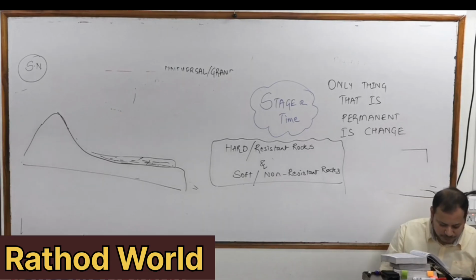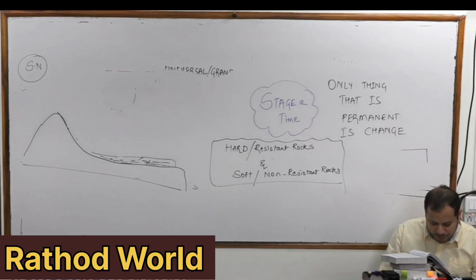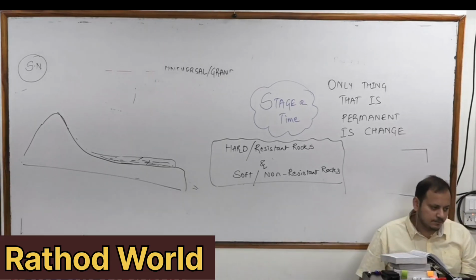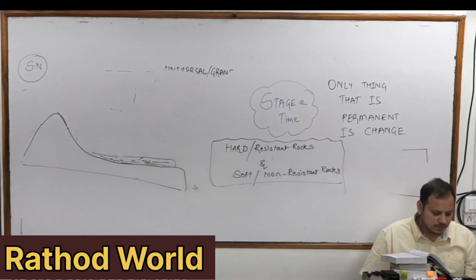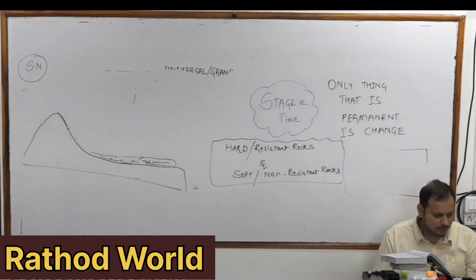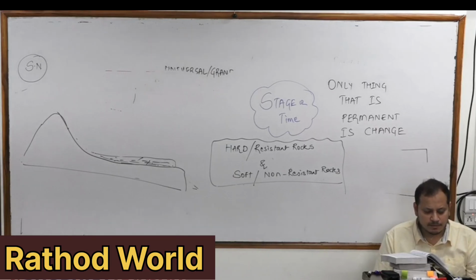For example, limestone or calcium rich rocks, is a hard rock in dry climatic conditions, while it is a very weak rock in hot and humid climatic conditions. Understood this? Very simple.